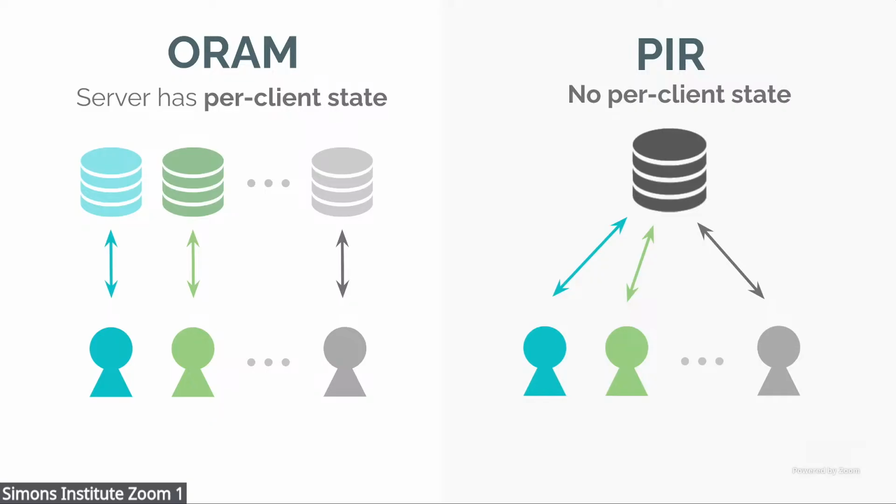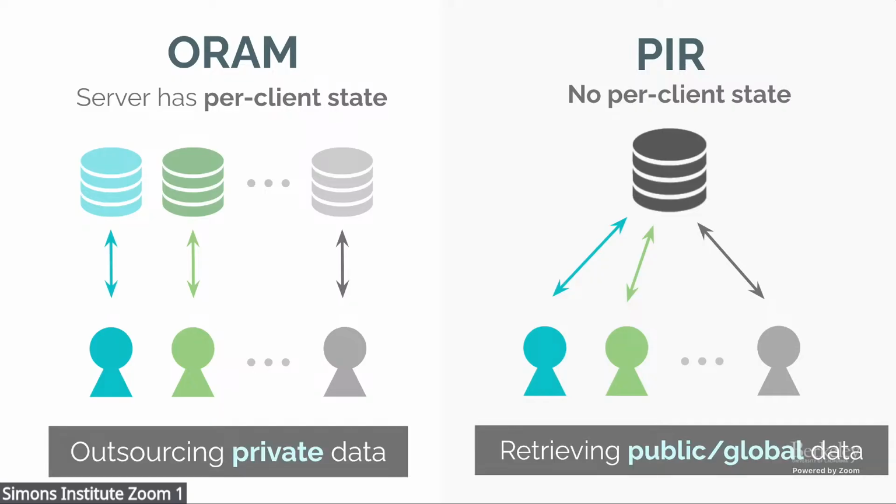Whereas for PIR, there's a global database, and you don't want the server to keep per client state. And for this reason, ORAM is the more suitable primitive when you have an outsourcing scenario. Every client is going to outsource its private database to the cloud, and it's going to access its private database. Whereas PIR is more suitable for the scenario where there's a public database, or maybe the database can be private, but it's a global database.